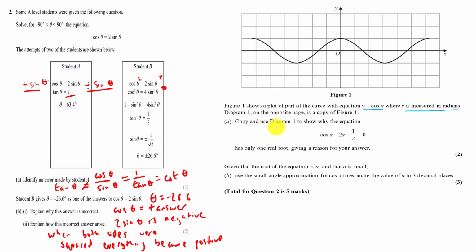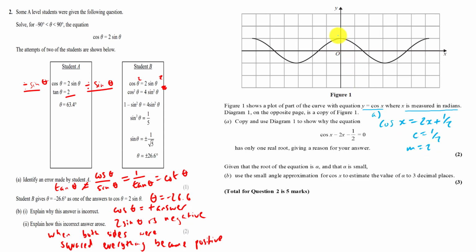Copy and use diagram 1 to show the equation cos x minus 2x minus a half equals 0 has only one root, giving a reason for your answer. Well, that means cos x equals, this is part A, 2x plus a half. So the y-intercept is a half. So c equals a half, and the gradient m equals 2.